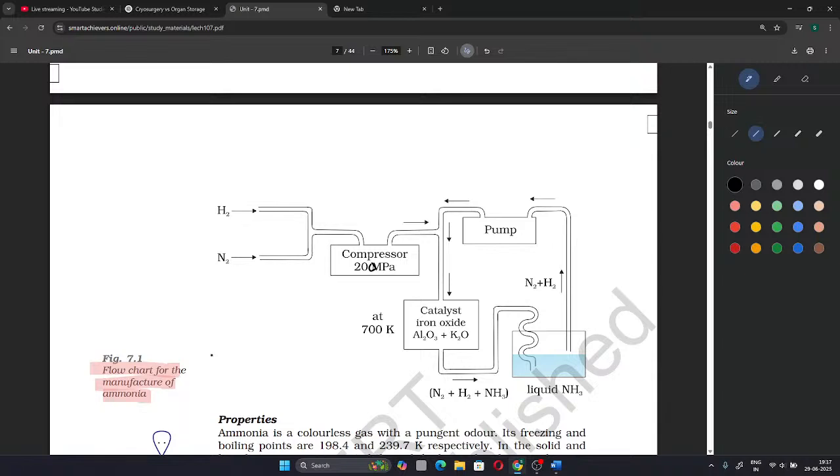This seems to be an equilibrium, where first it will be compressed, then N2 plus H2 comes from these pipes where it is getting compressed, and the other way it comes from the liquid ammonia, and both are mixed, and with a catalyst of iron oxide, aluminium oxide, and potassium oxide at 700 Kelvin, all these mix to form liquid ammonia. This is the flow chart.